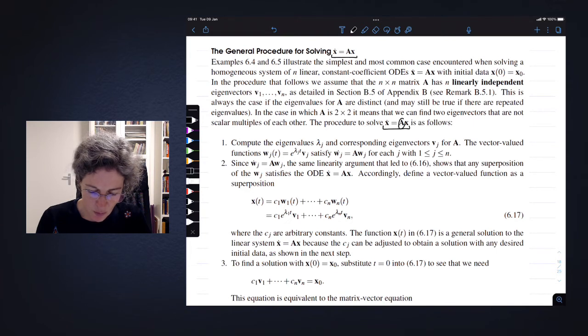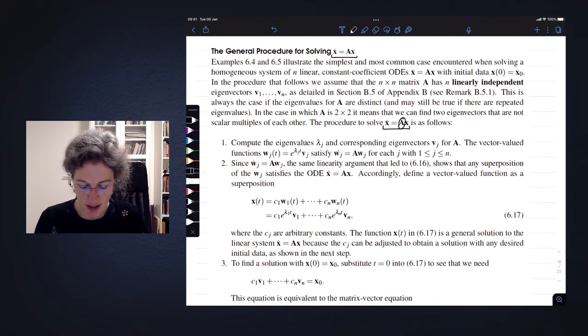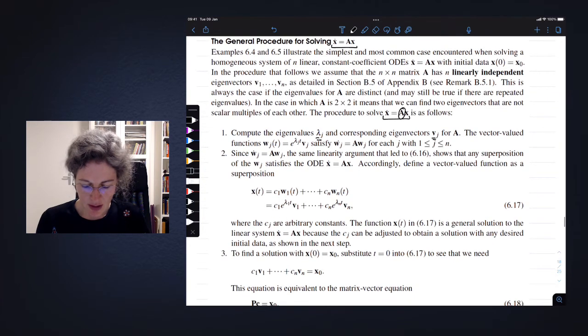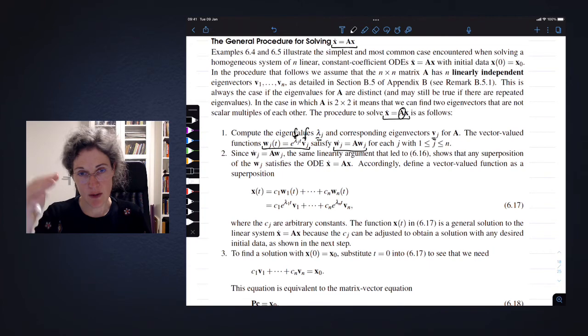And it's important to do that because that means then you can find your matrix A. And the very first step is always to find the eigenvalues and the corresponding eigenvectors for A. And the reason that you do that is because once you've got those eigenvectors and eigenvalues, then you can construct these W's where you use the eigenvalues and the eigenvectors, and each W that you construct will satisfy the differential equation. So you find a bunch of solutions.